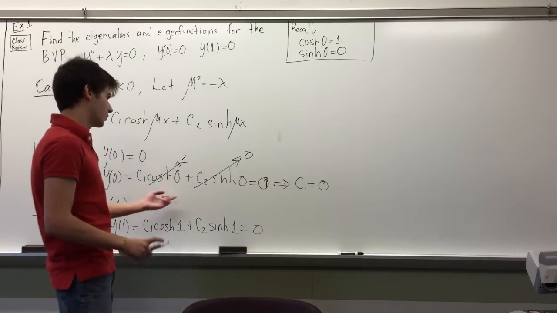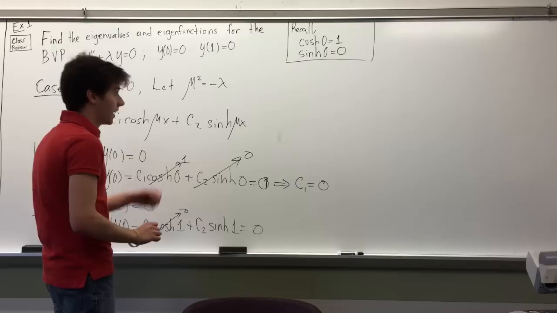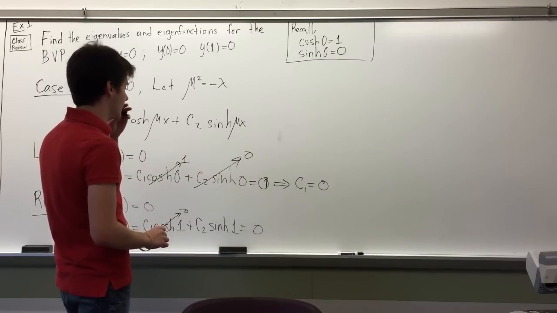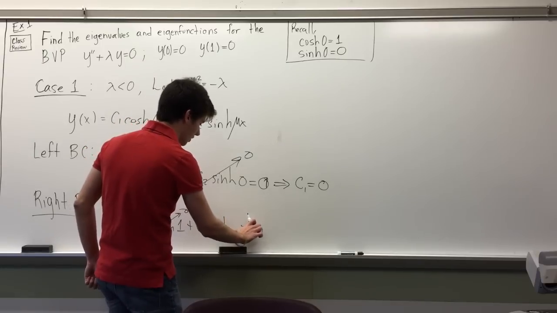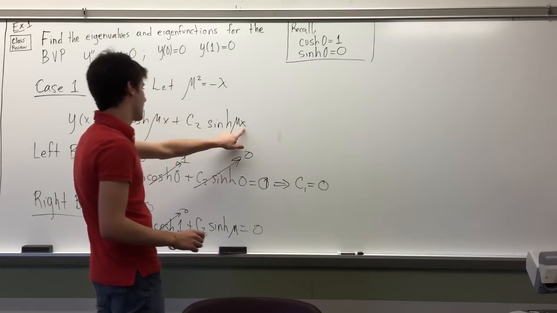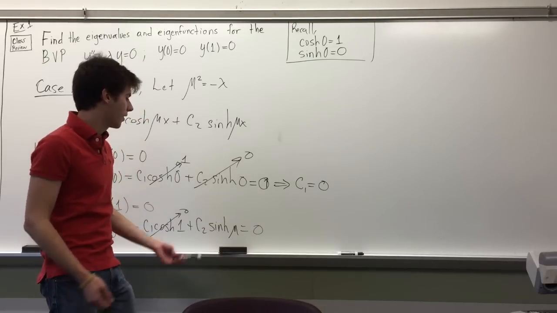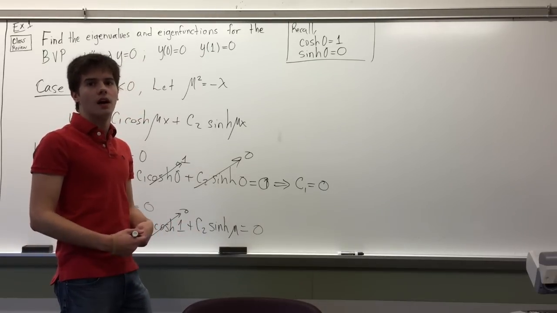Alright? And since we know that c1 is equal to 0, this term vanishes. And actually, it's going to be sinh of mu, because it's sinh of mu times 1. When we get to this part, it really helps to consider the graph of sinh of x.